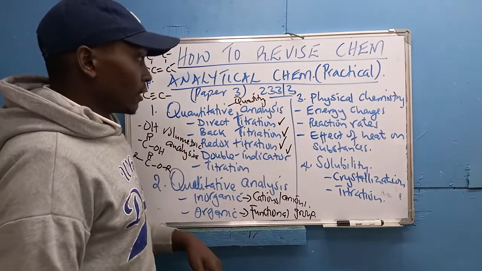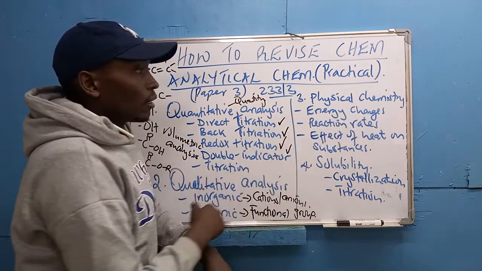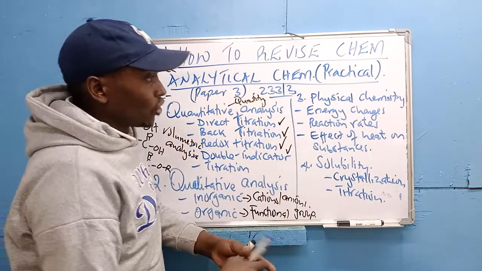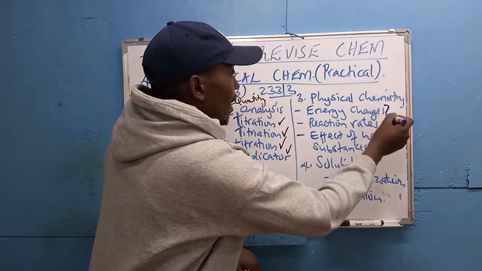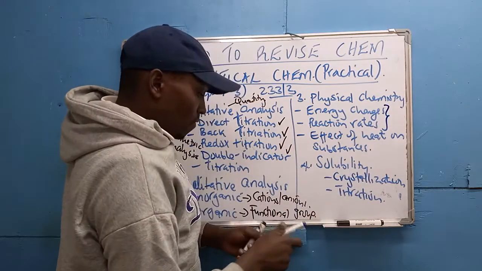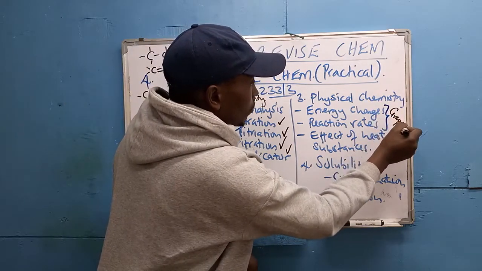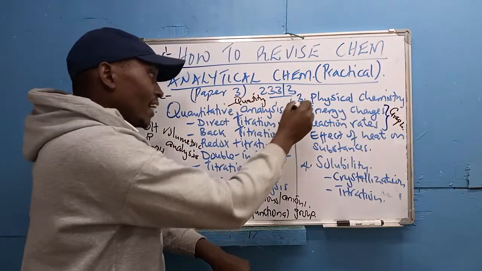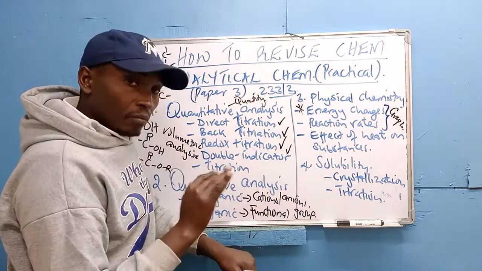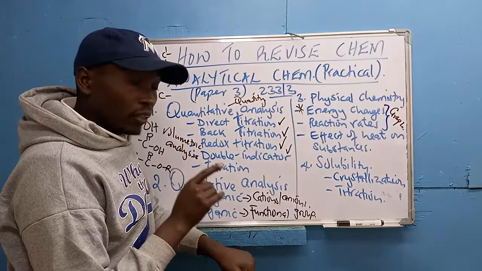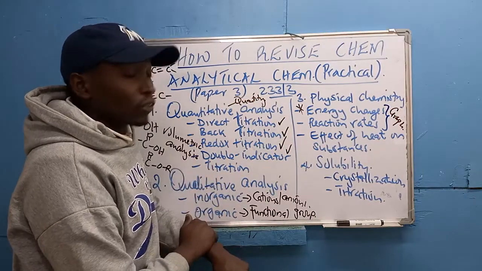Another area that is in paper 3 under analytical chemistry is physical chemistry: energy changes, or rates of reaction, or reaction rates. Here, be very much expectant, there will be a graph. Under energy changes, the student needs to be conversant with enthalpy change of neutralization, enthalpy change of displacement, and enthalpy change of solution.